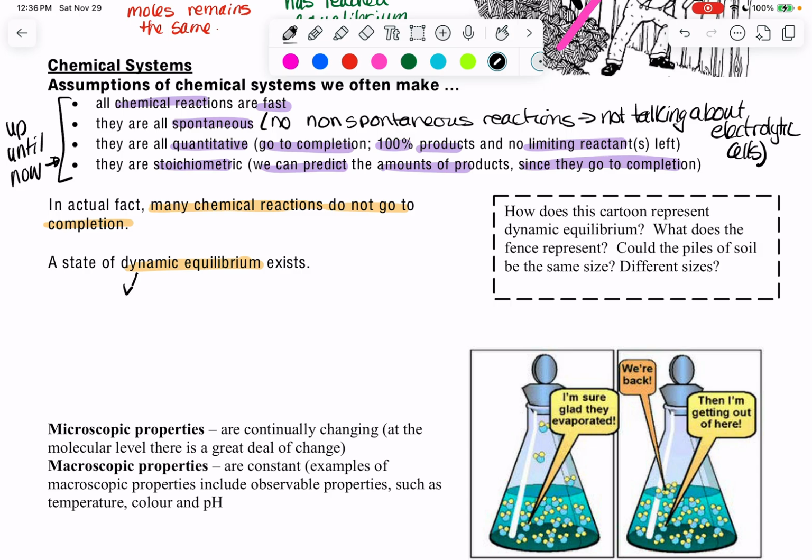Dynamic means actively changing. And equilibrium means that there's a forward and a reverse part of the reaction.